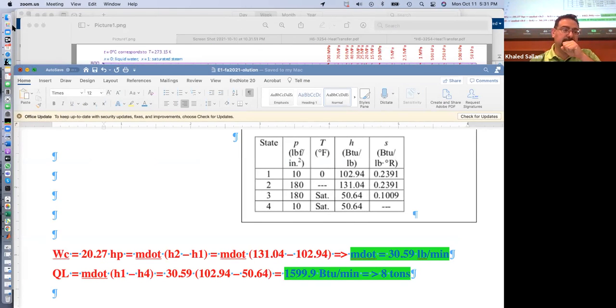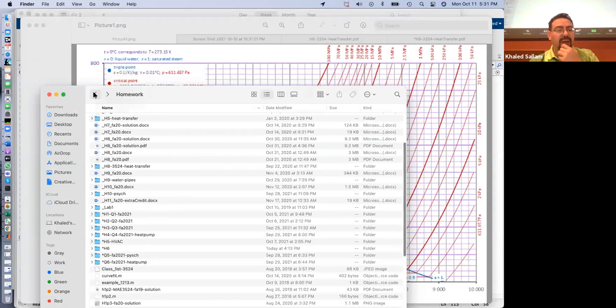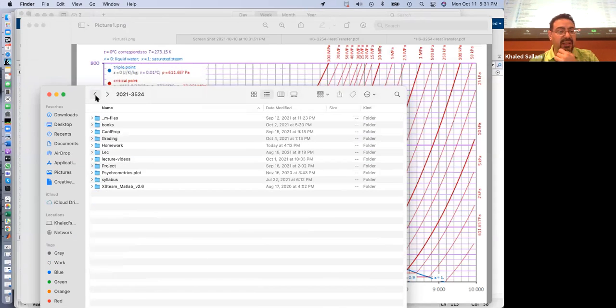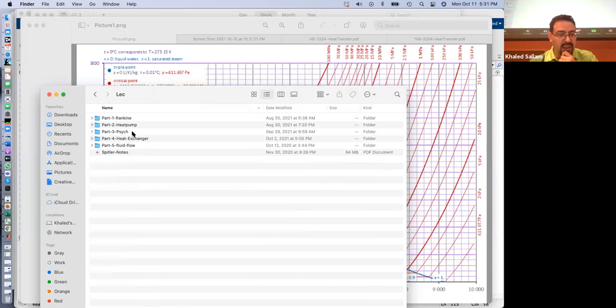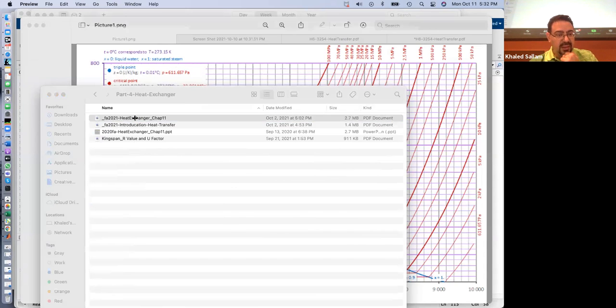So what is delta T? How can we calculate the delta T? Again, if the delta T is constant, then we have no problem whatsoever. It's a problem when they start changing on us, right?